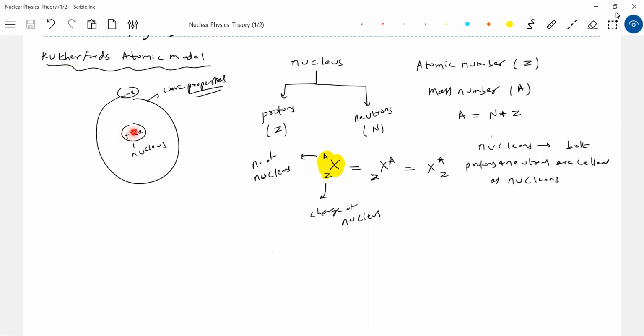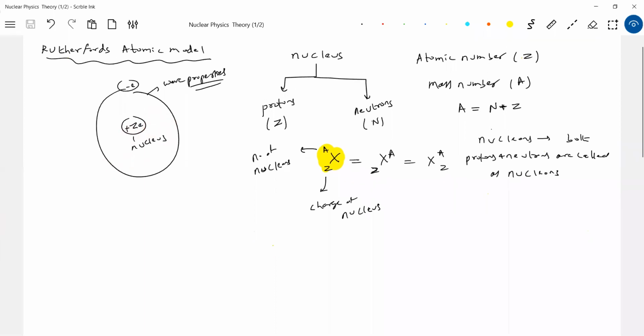What is the charge? What about its energy? Does it contain any energy? Then how will the nucleons be arranged, and how will they interact? Will there be any interaction energy between them? Some nuclei are stable, some unstable. What is the condition for them to be stable or unstable? Everything comes under the properties of the nucleus.